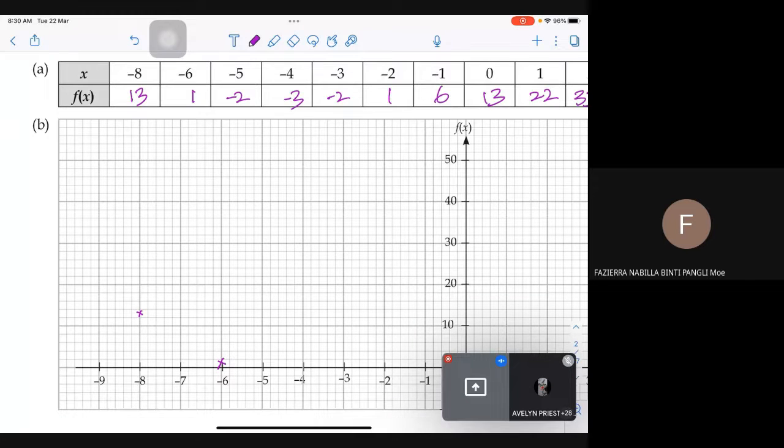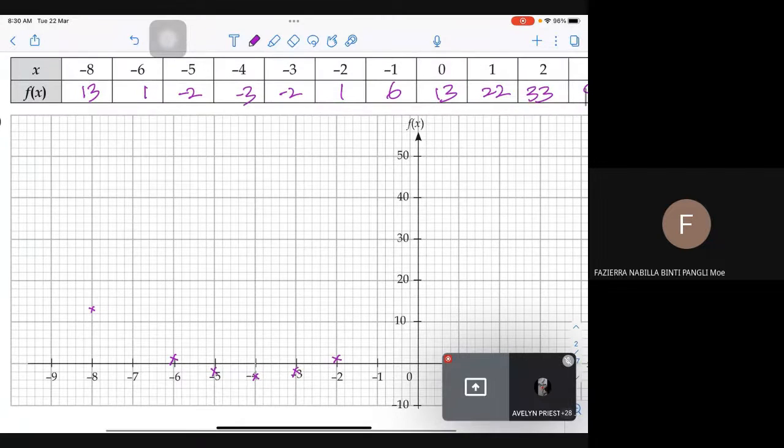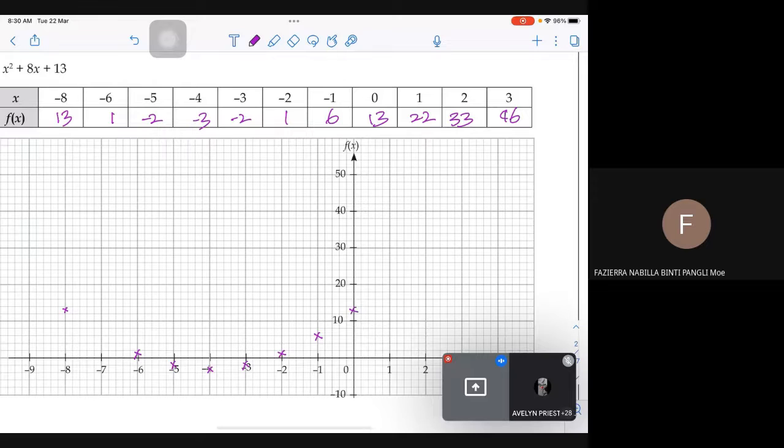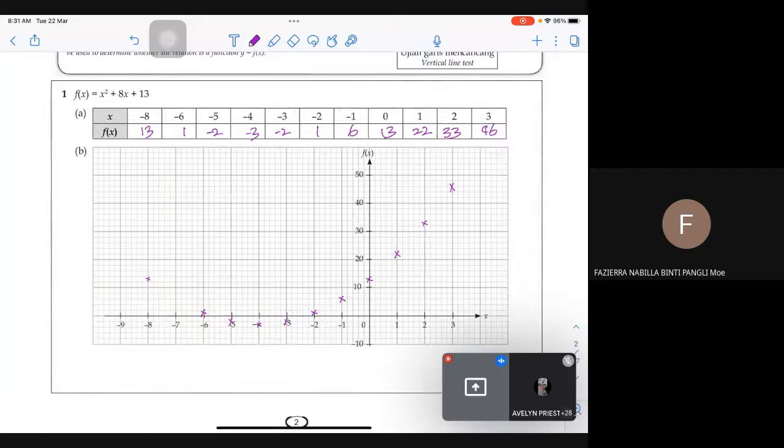So this is -2, this is -3, -2, then this is 1, this is 6, 0 is 13, 1 is 22, 2 is 33, 3 is 46. Okay, after you get this, then you make the curve, right?